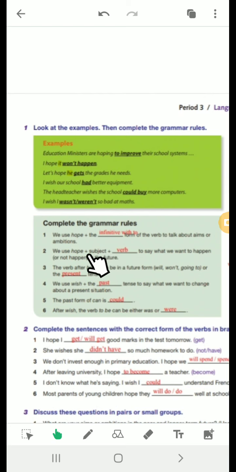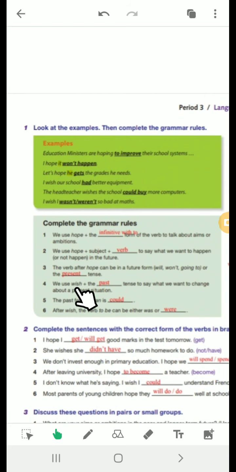So here we mean we use after hope subject plus future tense. Future means will or won't, negative, or going to. Number 3, the verb after hope can be in a future form, will, won't, going to, or the present tense like gets here, he gets the grades, present simple.